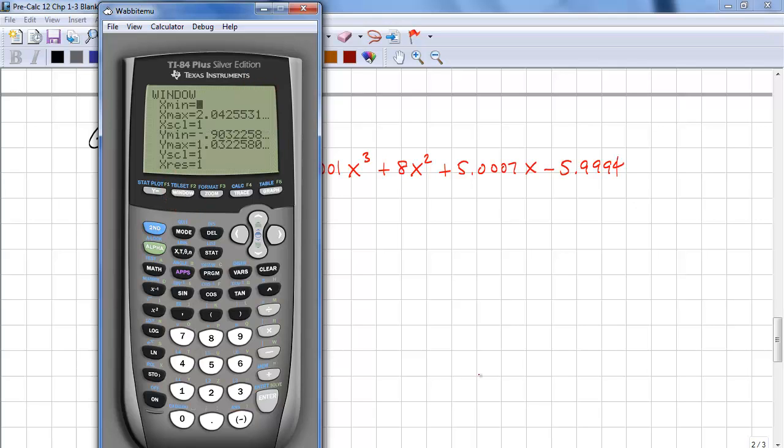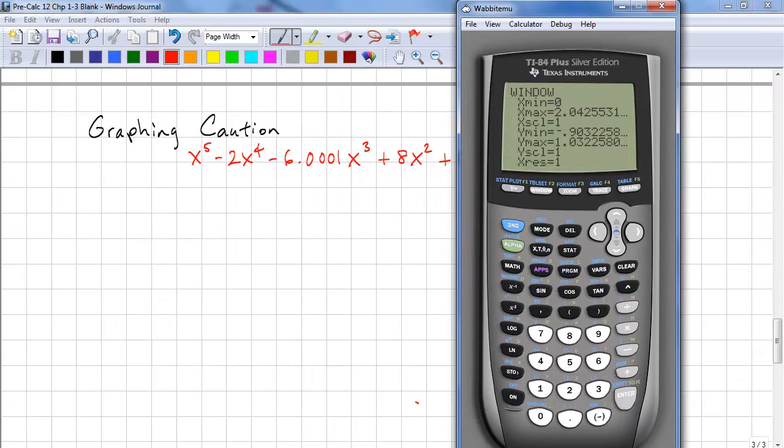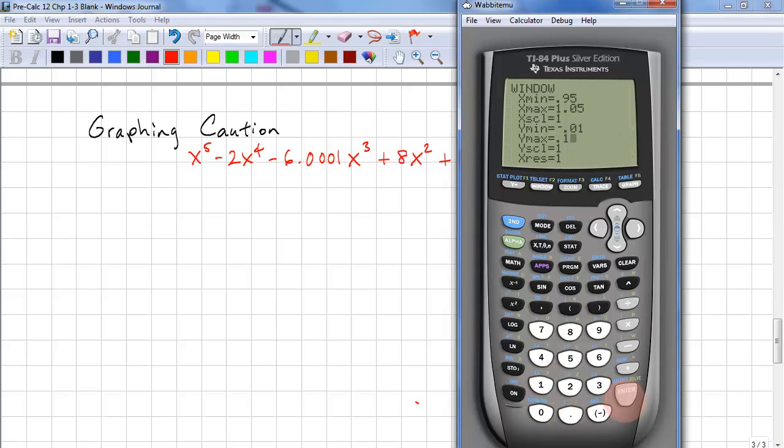So I'm going to jump to the punchline. I'm going to set the window. In fact, we actually need to zoom in a lot. So I'm going to set this to 0.95 and 1.05 and negative 0.01 and 0.01. And graph it again. So, in fact, we have 2 zeros here.